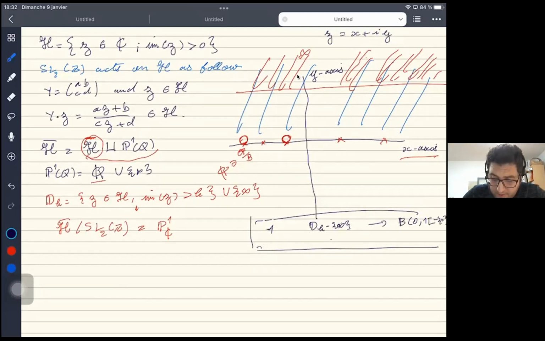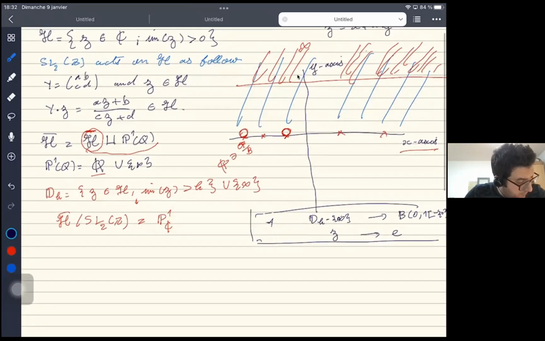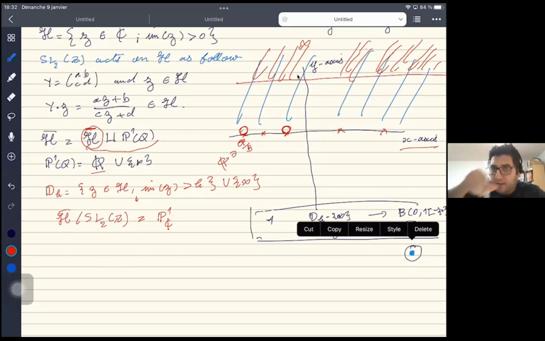You have a map that sends an element z here to its exponential, and you can extend this map to infinity, which you send to 0. Here you have the disk with the origin removed, but when y goes to infinity, the limit will really be the origin.